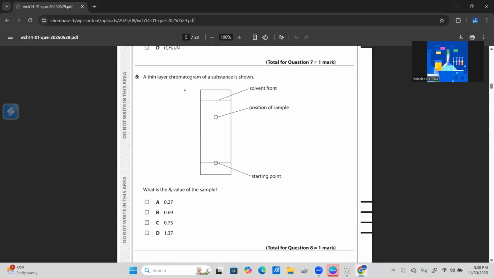Eighth one, a thin layer chromatography of a substance is shown, and we need the RF value. To find this, we need to measure the distance from the starting point to the position of the sample and the distance from the starting point to the solvent front, because RF is given by the distance traveled by the sample divided by the distance traveled by the solvent front.